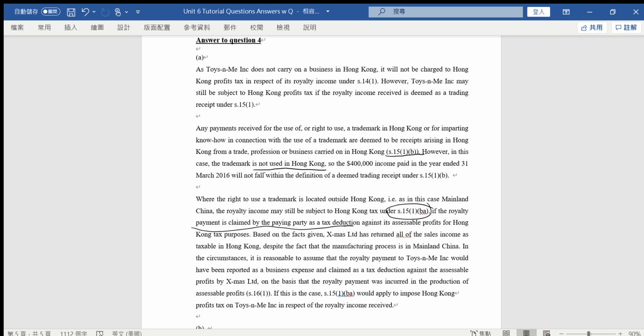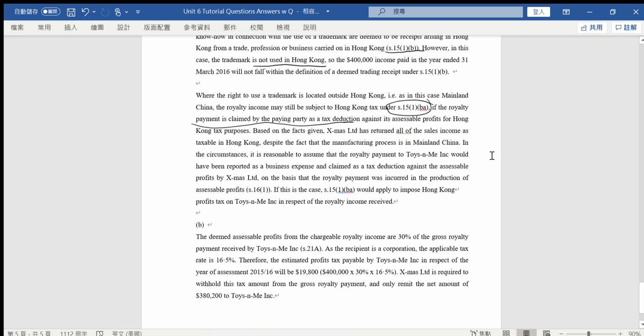Then the amount received by TME will be treated as a deemed trading receipt arising in and derived from Hong Kong. Because of that, section 21 will be applied to determine the amount, and you will find that the amount will be subject to Hong Kong profit tax.